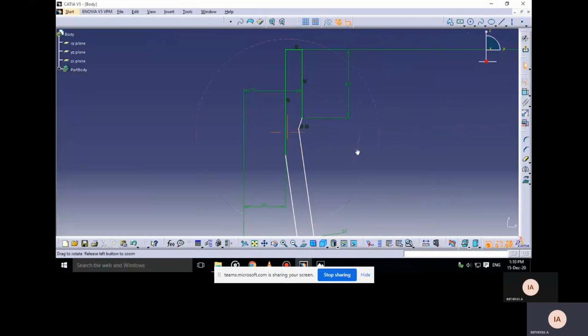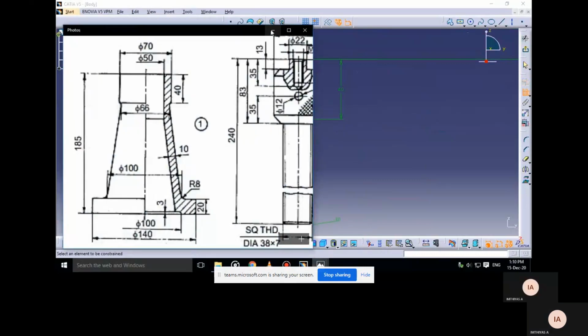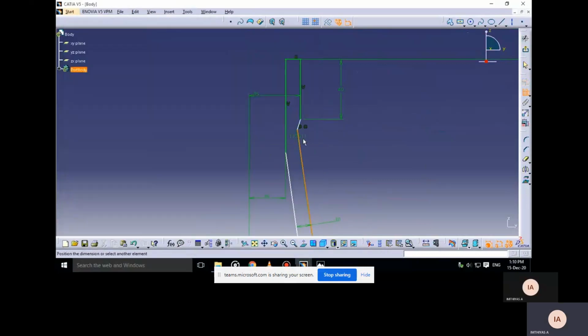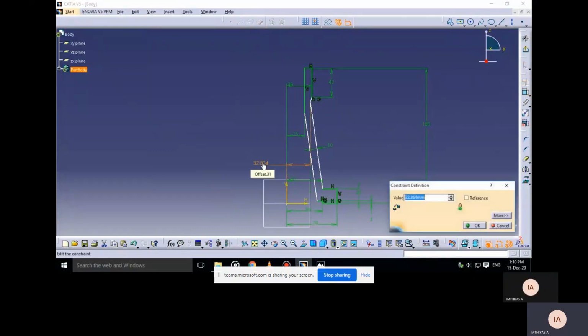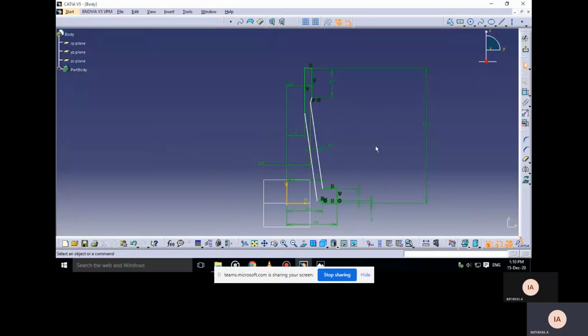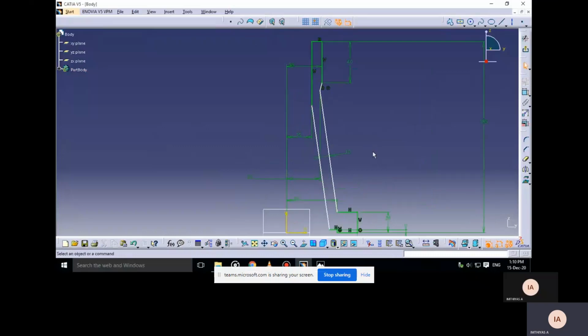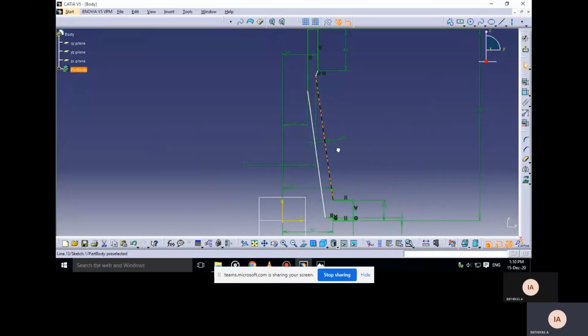So now the profile is made. From the center it is 33. Actually there is a diameter of 66 now, so that we are making.